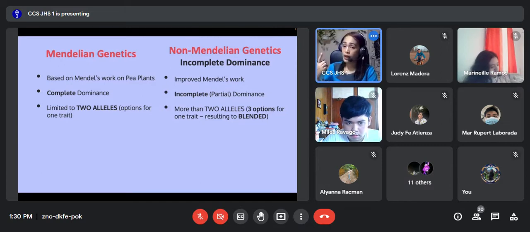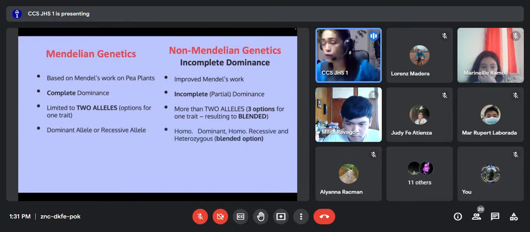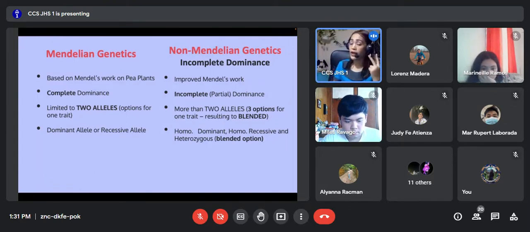You can have the dominant, the recessive, or the third possible option, which is the blended, a combination of the dominant and recessive allele. Here, our options are homozygous dominant, homozygous recessive, and if you have a heterozygous genotype, that results in the third, blended option.